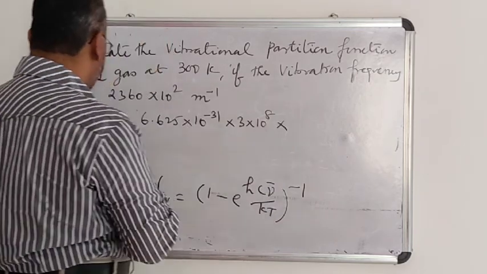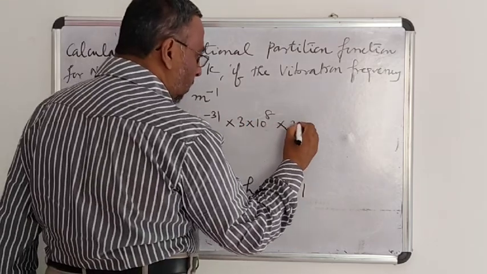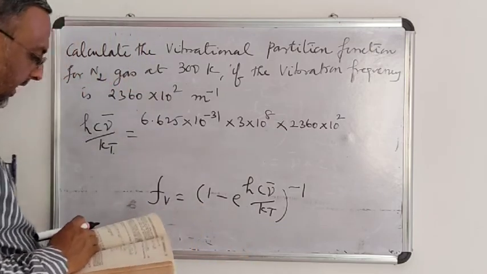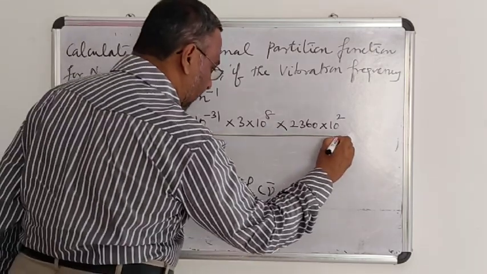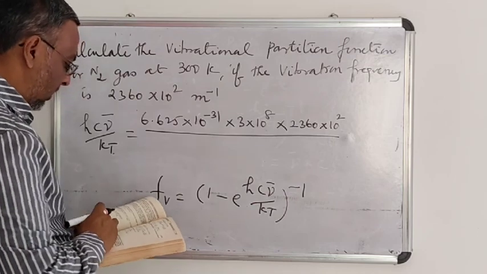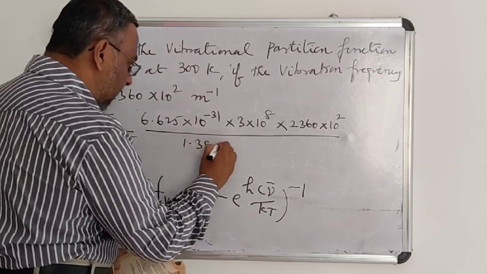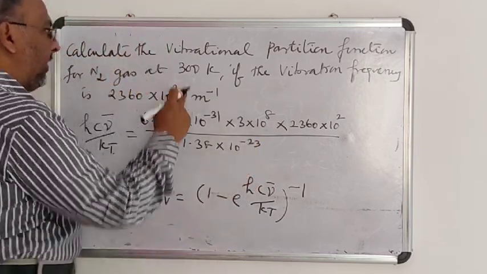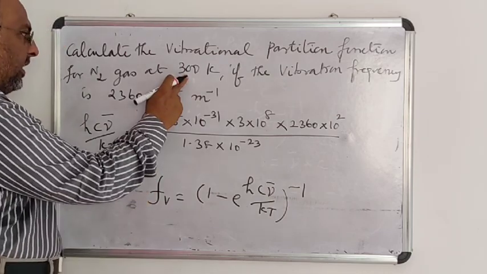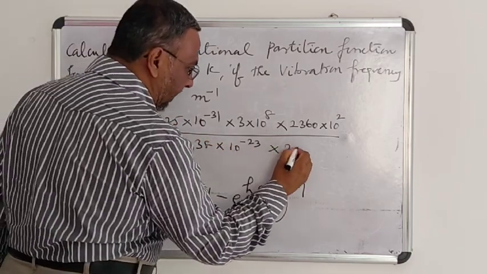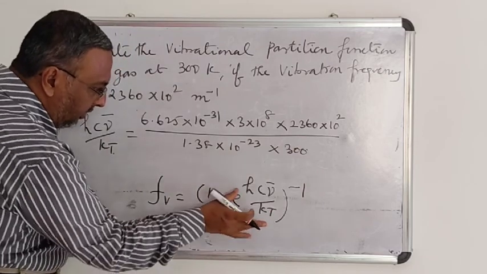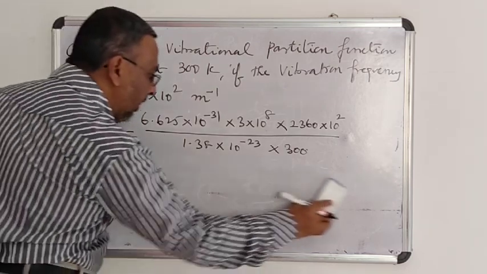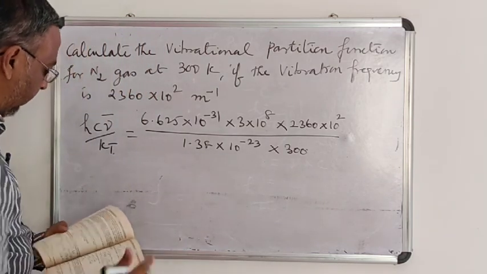The wave number is given as 2360 into 10 to the power of 2 per meter, divided by the Boltzmann constant k, 1.38 into 10 to the power of minus 23, and the temperature is already given in Kelvin, that is 300. First we simplify the value of h c nu bar divided by kT.